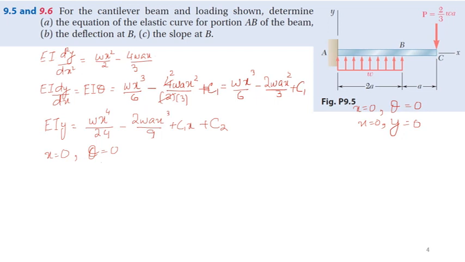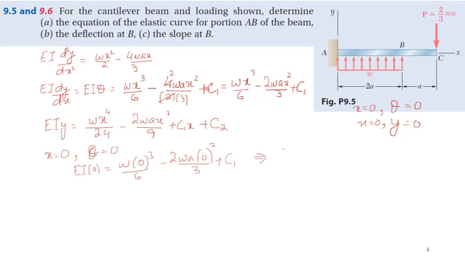If you write it out, EI times 0 is W times 0 cube by 6 minus 2WA times 0 squared by 3 plus C1.